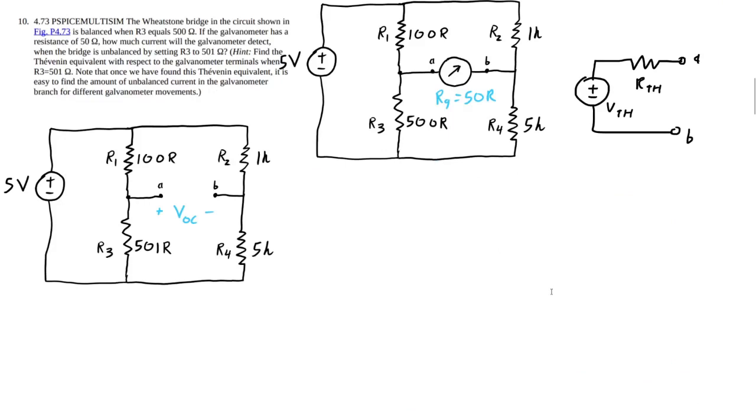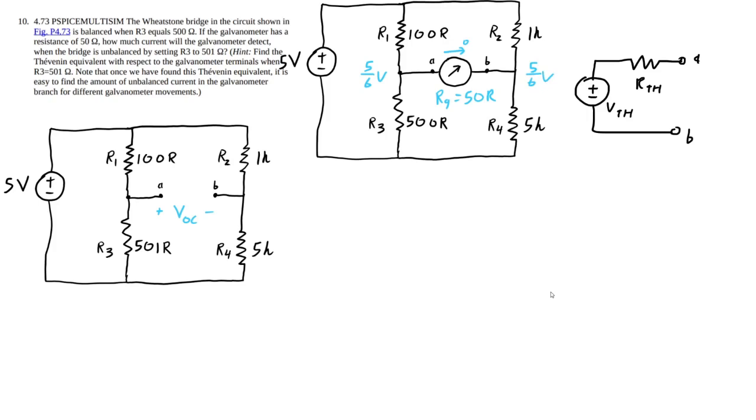Okay, for 4.73, we've got a galvanometer right here sitting inside the circuit. And initially there's 0 current flowing through it whenever this Wheatstone bridge is balanced. That's because the ratio of these resistors is the same. So this is going to end up being 5/6 of the supply voltage, and this one is also going to be 5/6 of the supply voltage, which in this case is 5 volts.